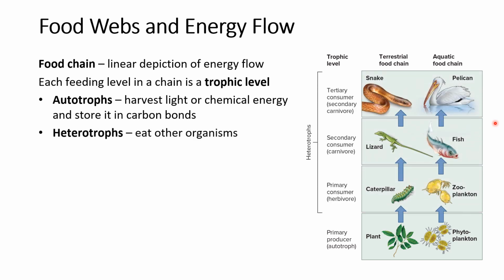Heterotrophs, such as ourselves, are organisms that eat other organisms. We also call these consumers, but notice there are many levels of consumers. There's the primary consumer, which we often call herbivores because they are consuming the plants, or the primary producers.